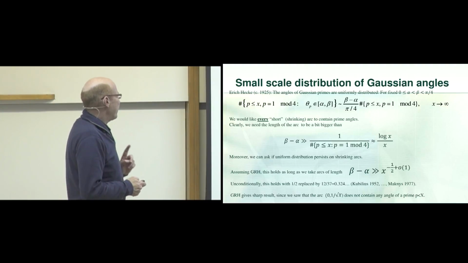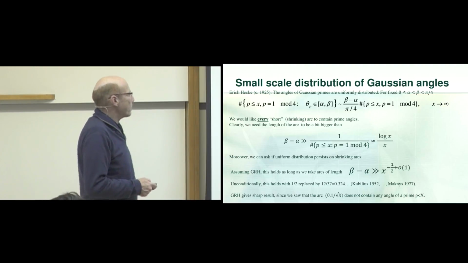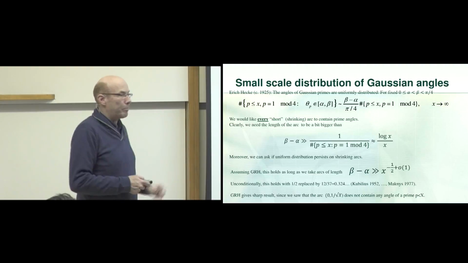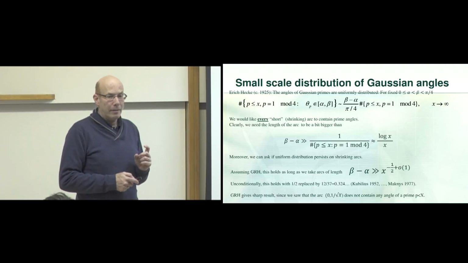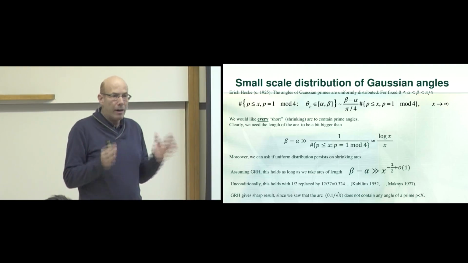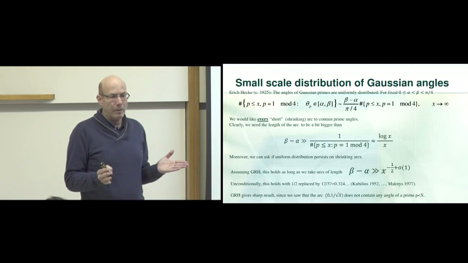Now, the remarkable thing here is that the Riemann hypothesis actually gives you the best result, because we saw that there's a big hole: for arcs which are smaller than 1 over square root of the number of primes, there are arcs which don't contain any prime angles.